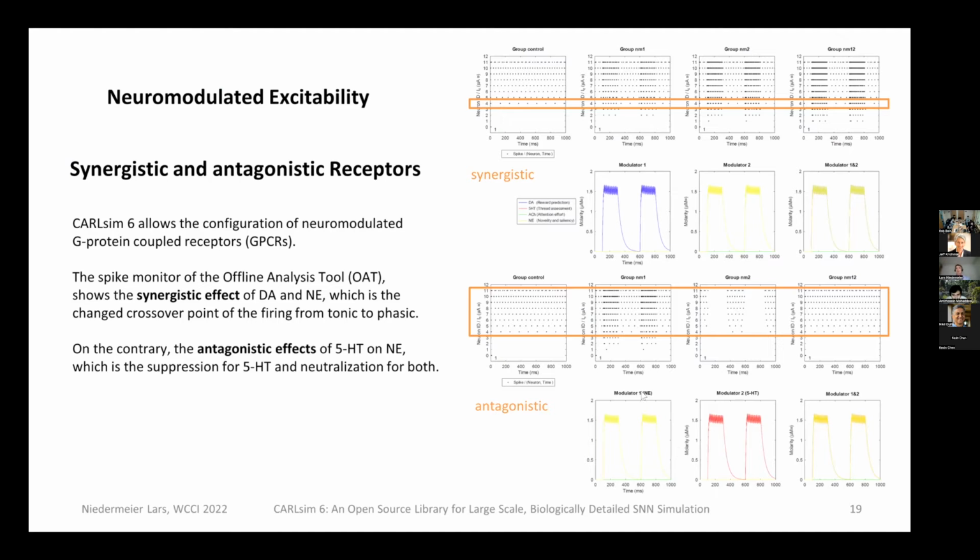Therefore it is, for instance, possible to implement thalamic neurons that control the information flow, the spike flow, depending on the current state of the neuromodulators.